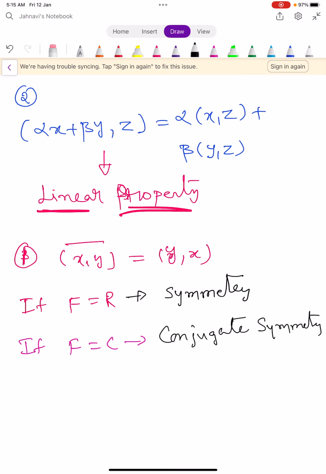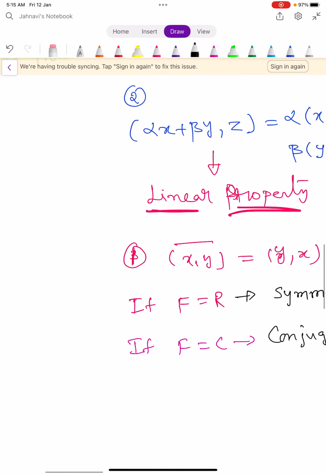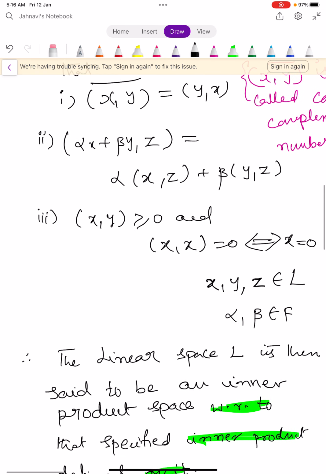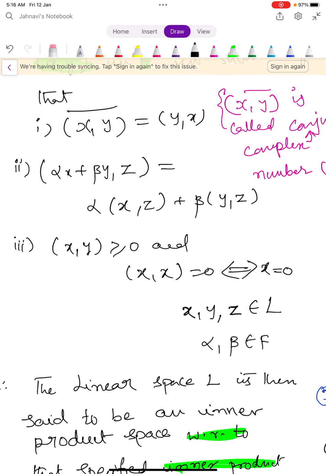Now we have learned three names for these properties. The first one, the inner product of x comma y, bar, equal to the inner product of y comma x, is called the symmetry property or conjugate symmetric property, with respect to the field F being real or complex numbers.